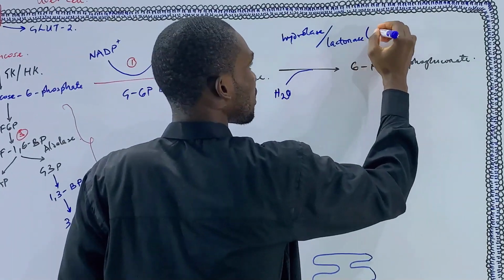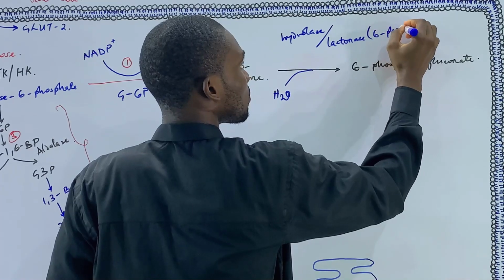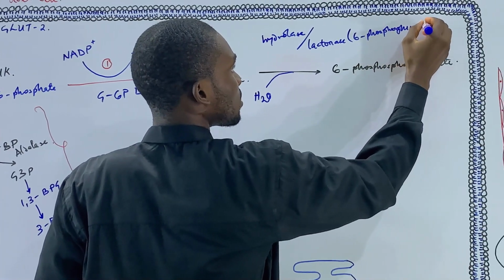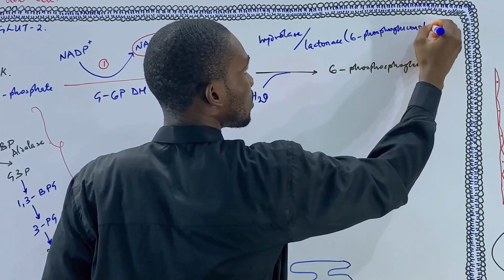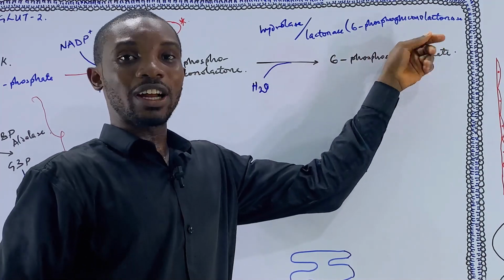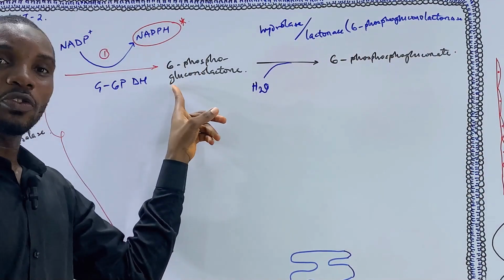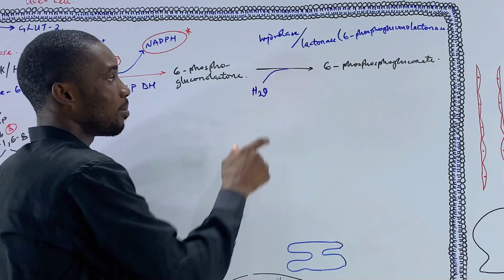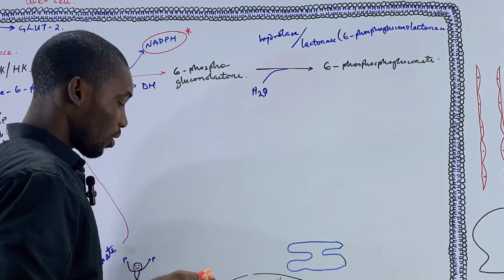Okay, let me put it over here. 6-phosphogluconolactonase. Oh, that's a long name. So the 6-phosphogluconolactonase would split 6-phosphogluconolactone to 6-phosphogluconate by the addition of water.